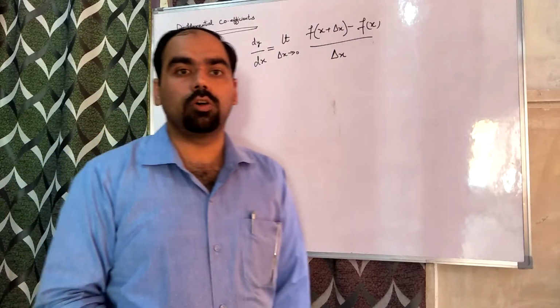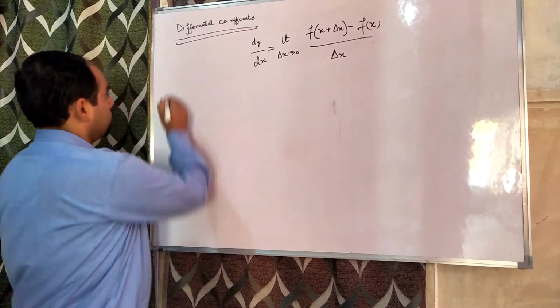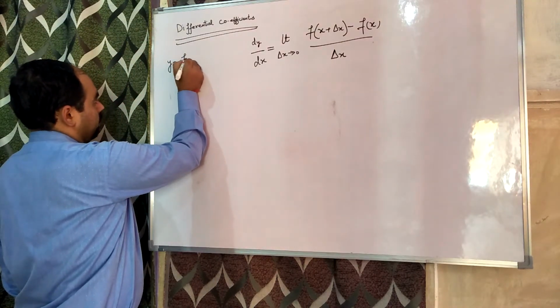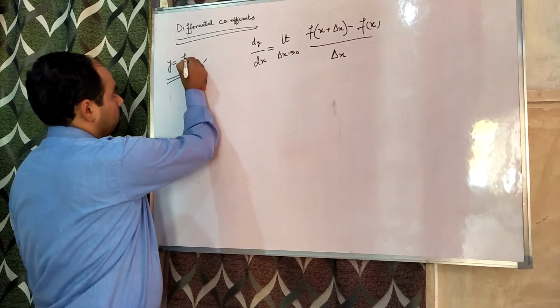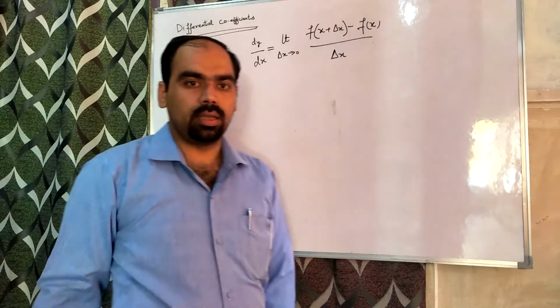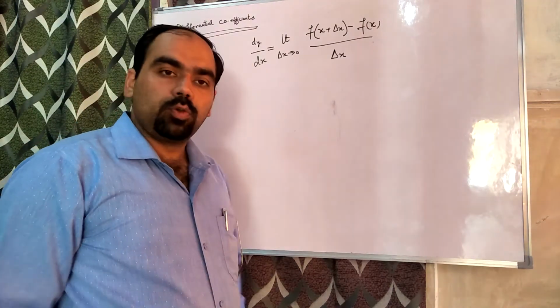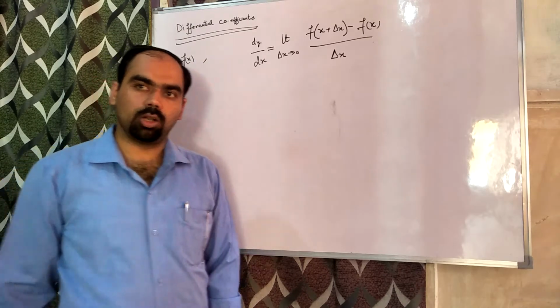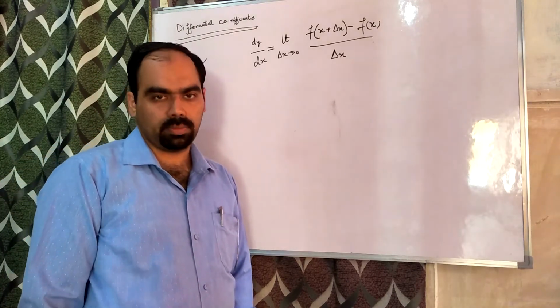This was the differential coefficient of a function y is equal to f of x. The principle that we used was the first principle, also known as the ab initio or delta method.